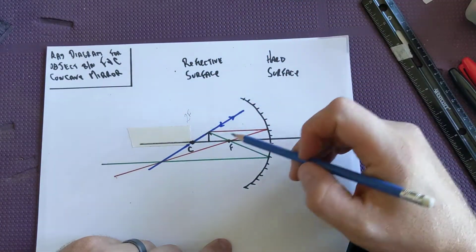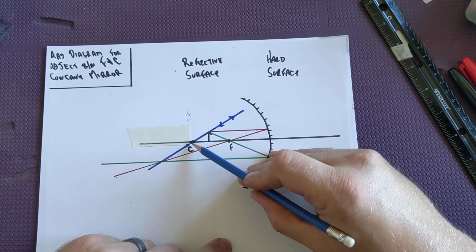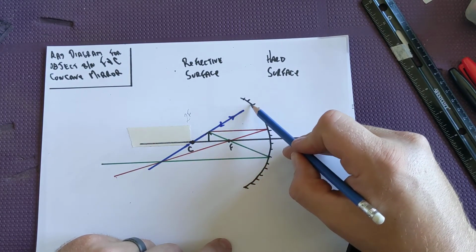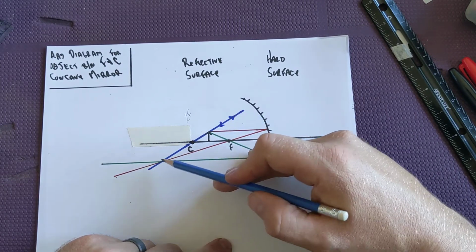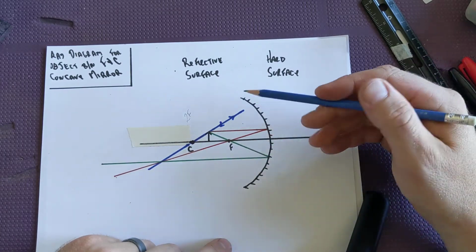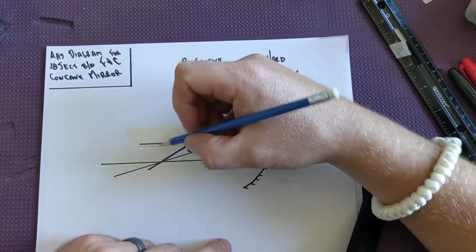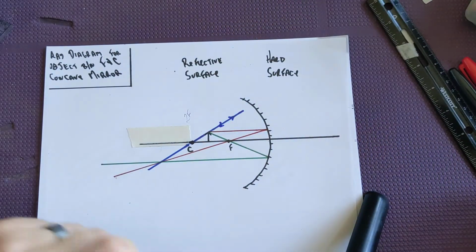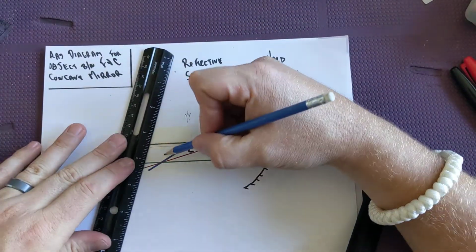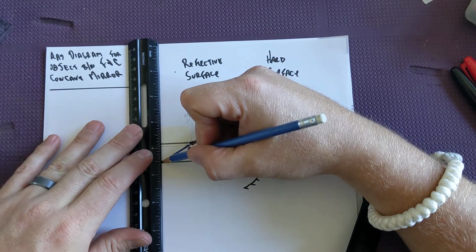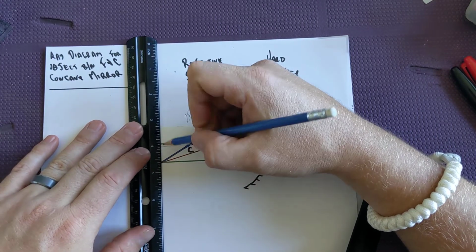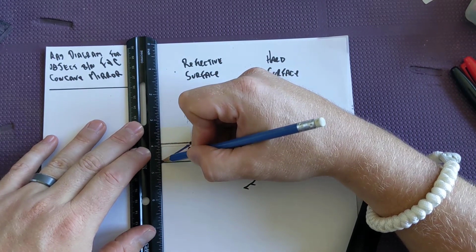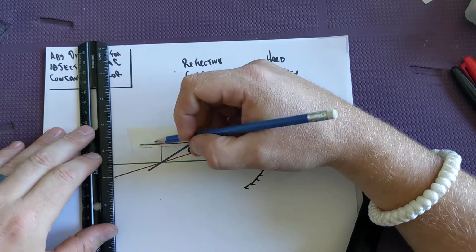The third ray travels through the center of curvature, hits the mirror, and travels straight backwards again. Okay, so all three of these lines now intersect right here, and so our image is going to be right here.